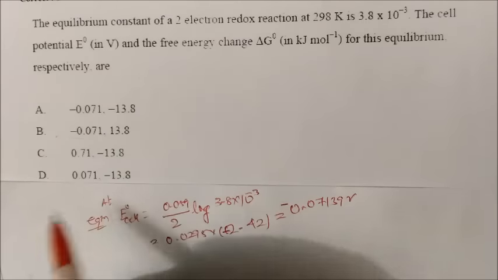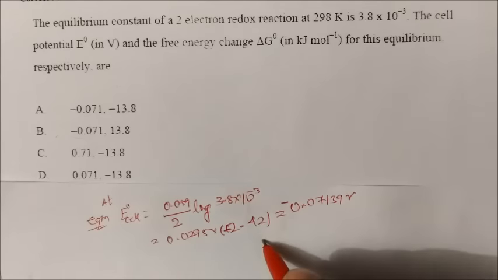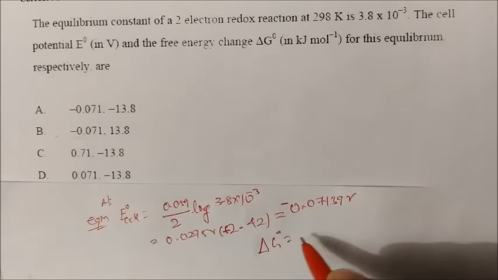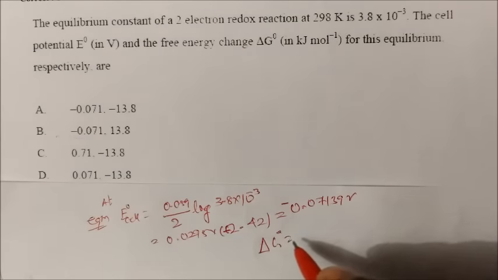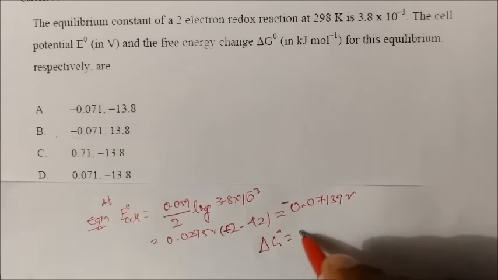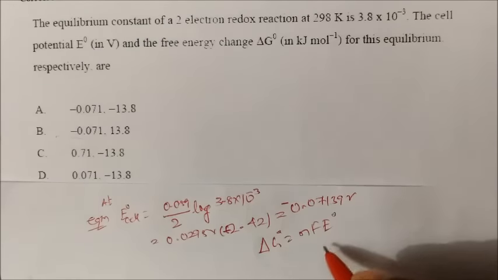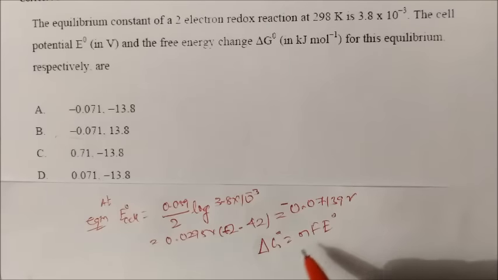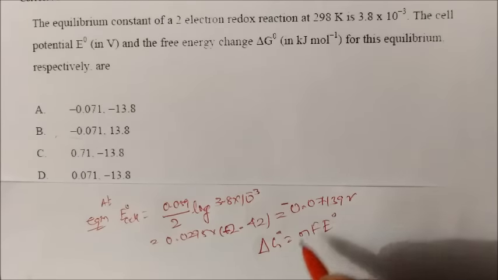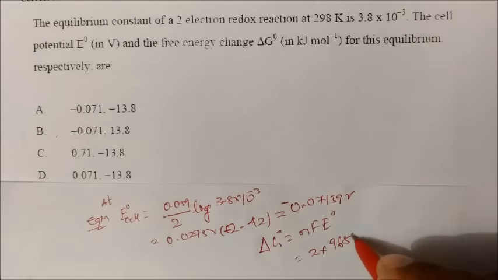Now, what is the free energy? The free energy formula is delta G equals minus nFE naught. What is the n value? It is given as 2. F is 96,500.